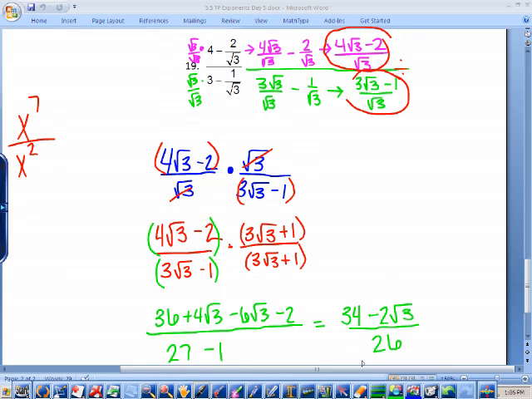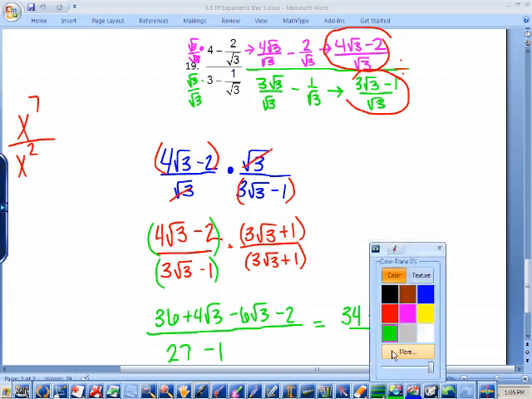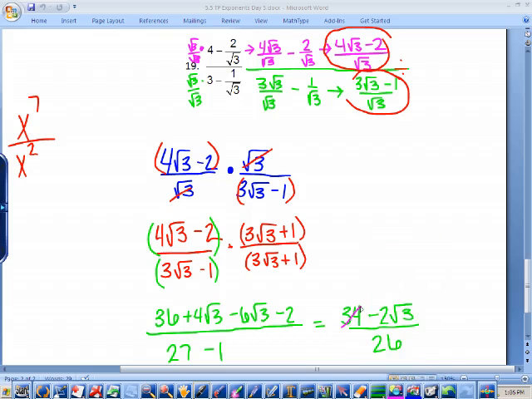Are we done? No. Almost. What do we have to do last? Yeah, we can reduce. Each of these coefficients can be divided by 2. So this would turn into 17, this would turn into negative 1, this would be 13. So this is 17 minus root 3 over 13.